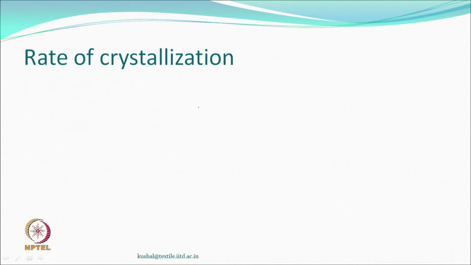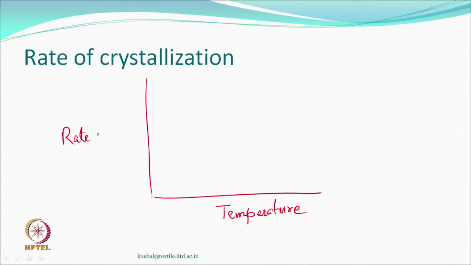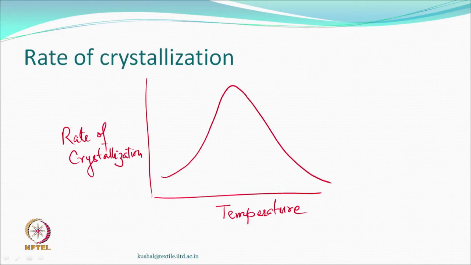Now, what temperature should be used for doing this process? If you draw a plot of temperature versus, let us say, rate of crystallization, right, this curve is something like this.